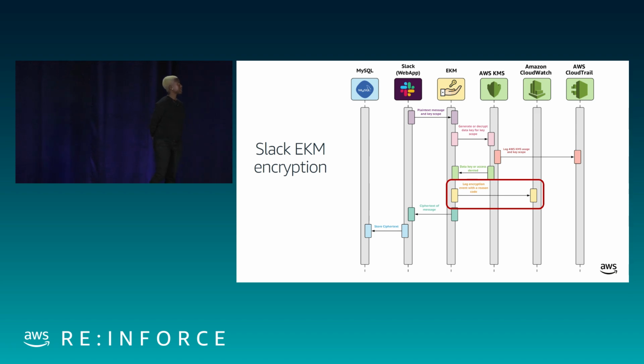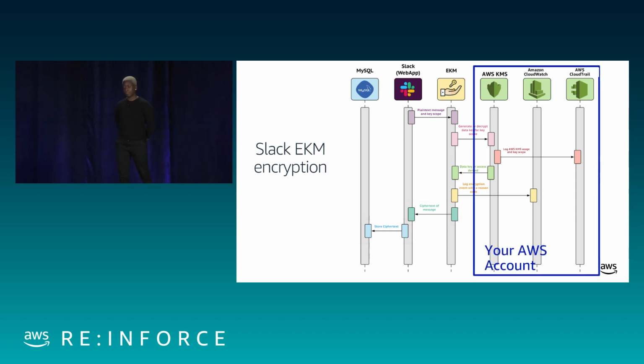The EKM service will then also log to CloudWatch to give complete visibility into what's going on. The EKM service will then use that plain text data key to encrypt the data and send back a cipher blob to the Slack backend, which then stores the ciphertext into the MySQL databases.